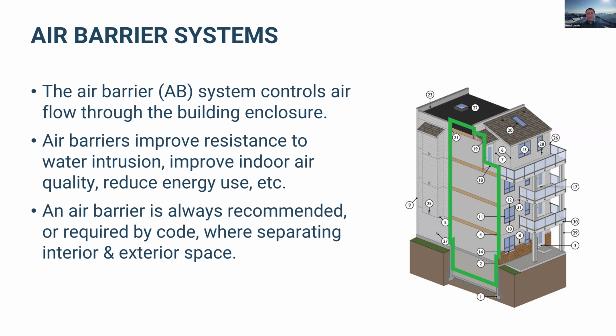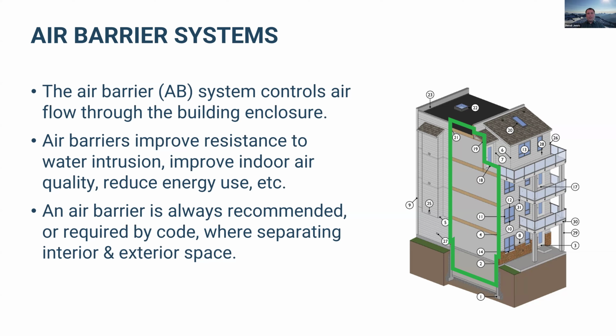It just needs to be there and be continuous, which is not the case for the vapor retarder or vapor control layer. It does matter what climate you're in, where this goes, and how permeable or impermeable it can be. I won't get into a ton of detail on this, but generally the vapor control layer needs to be on the warm side of the assembly.